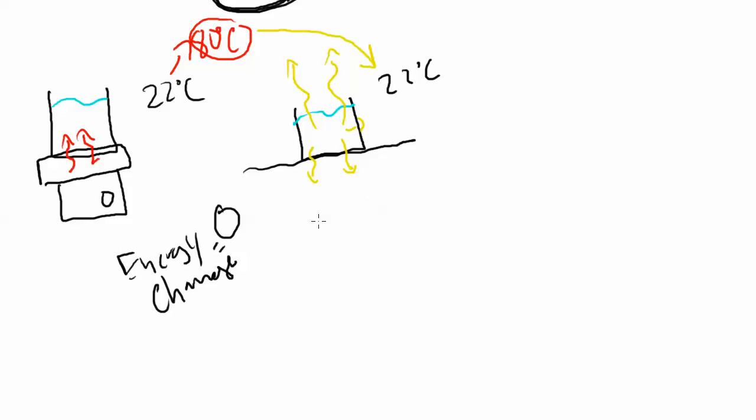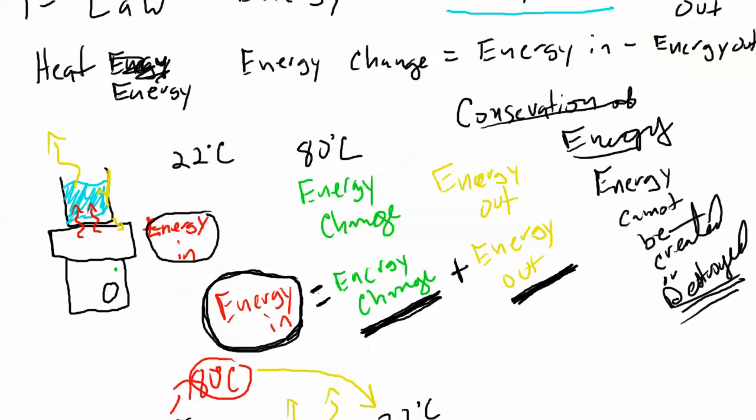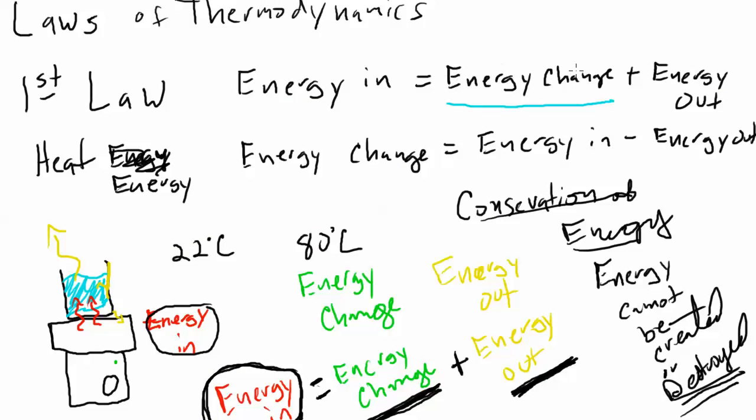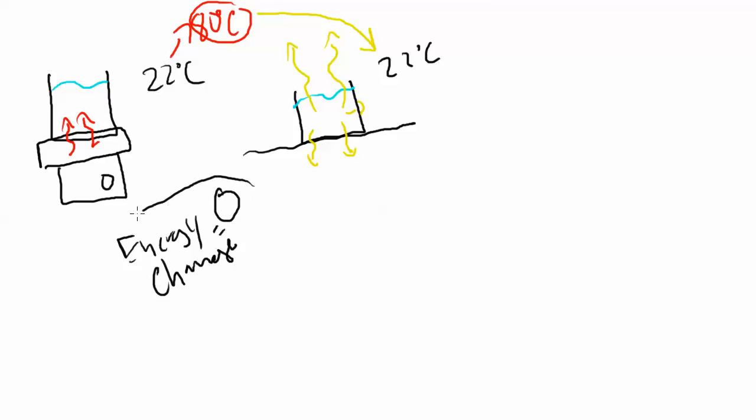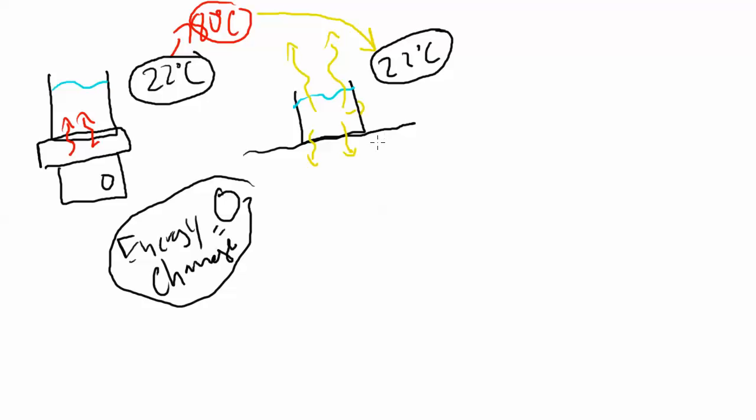Well, if we look at the first law, scroll back up here. The first law says that energy in equals the energy change plus the energy out. Well, the energy change in our example is 0 because the beaker started at 22 degrees Celsius and it ended at 22 degrees Celsius. So what does that mean about the energy in, which we're representing with the red energy arrows here, and the energy out, which we're representing with the yellow arrows?